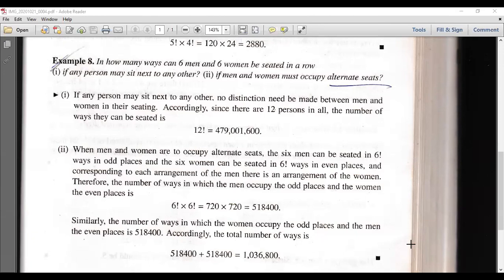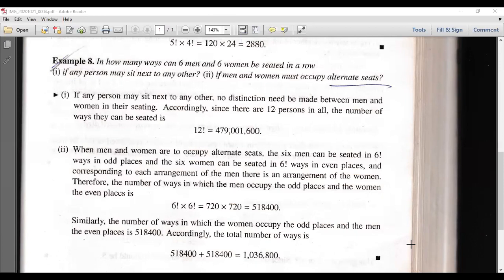If men and women must occupy alternate seats. So men and women must occupy alternate seats means the first man will sit, followed by woman, so man, woman, and so on. The men can internally be arranged in 6 factorial ways.